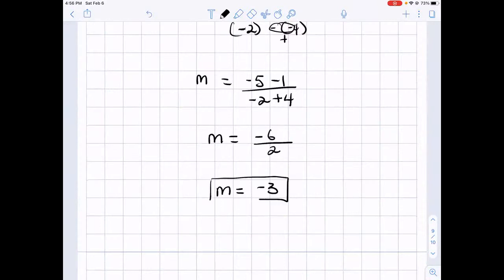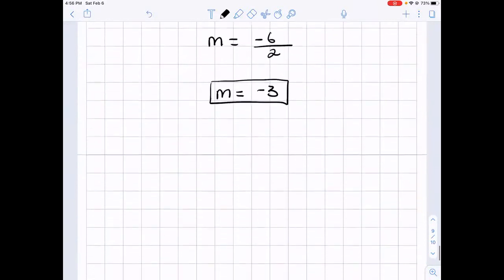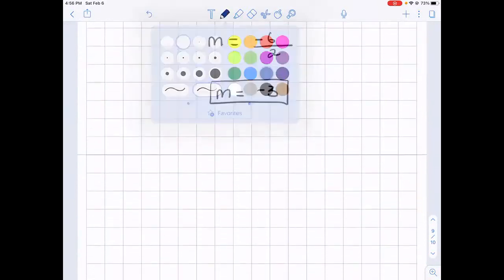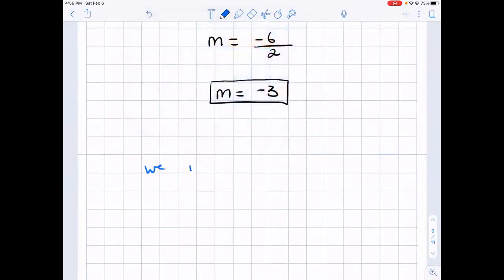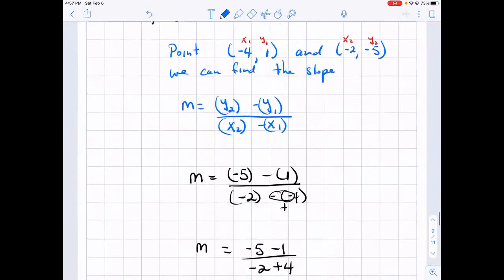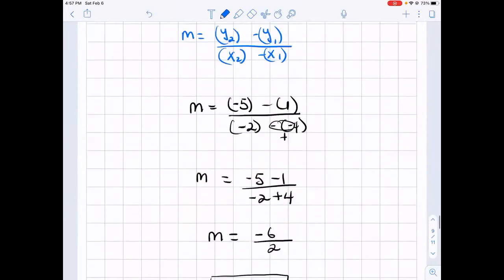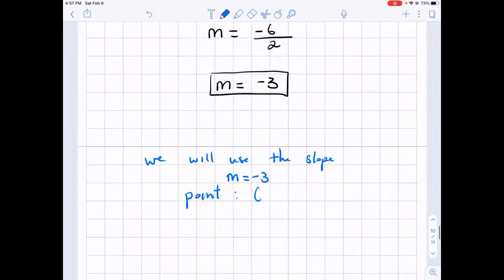So we now have the slope. So we will now use the slope m is equal to minus 3, and the point, I'll pick one of the points, I'll pick the one with the x1 and the y1, minus 4, minus 1. Okay? This is x1, y1.